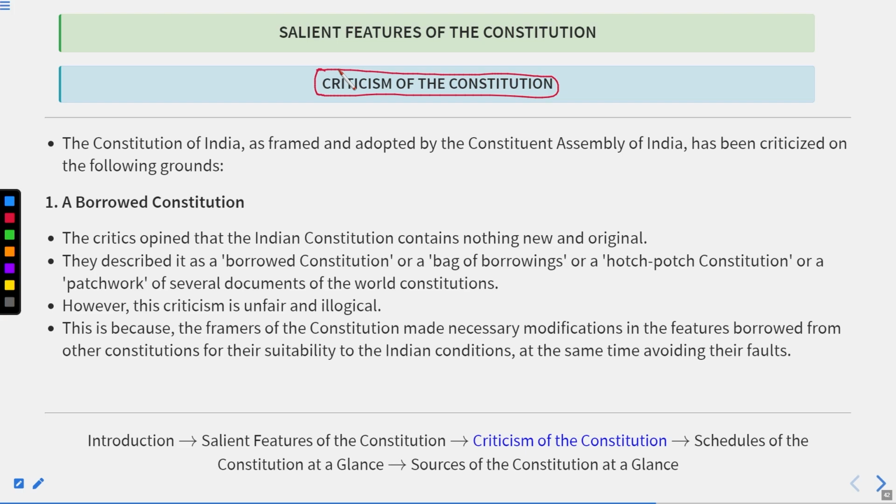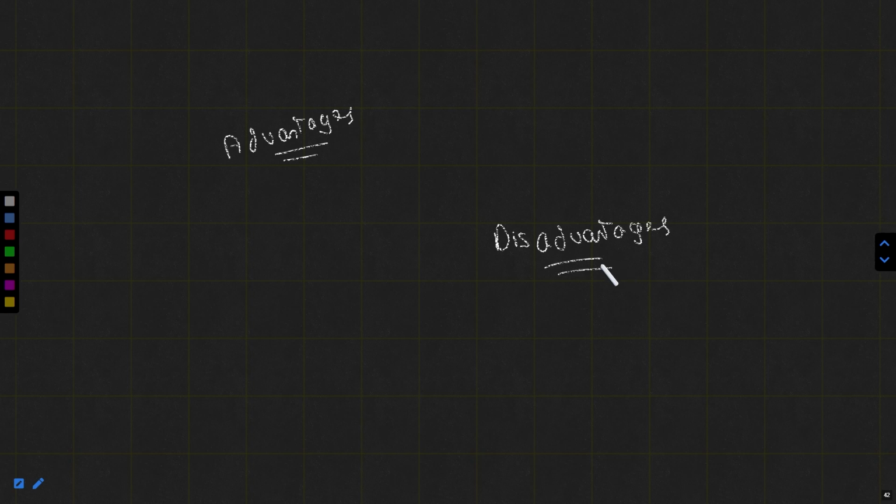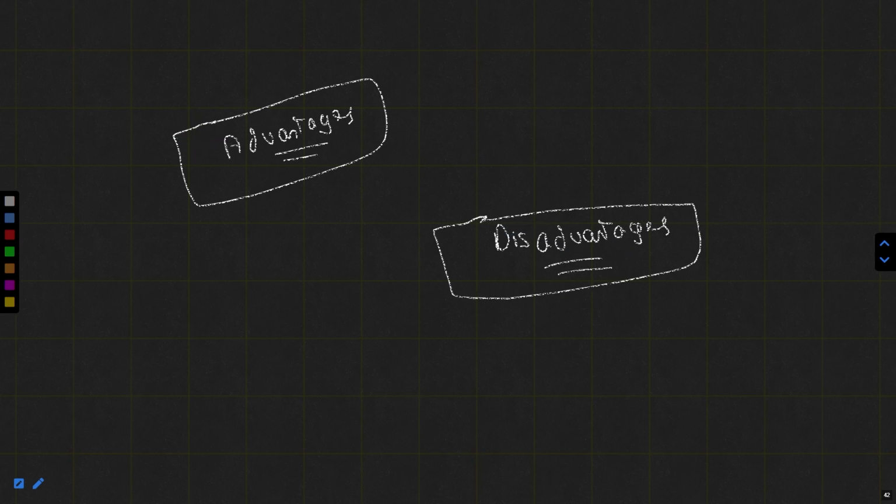Everything in this world has its own advantages and disadvantages, and so does the Indian Constitution. So far, we had only discussed the advantages, like what are the things provided by our Constitution.